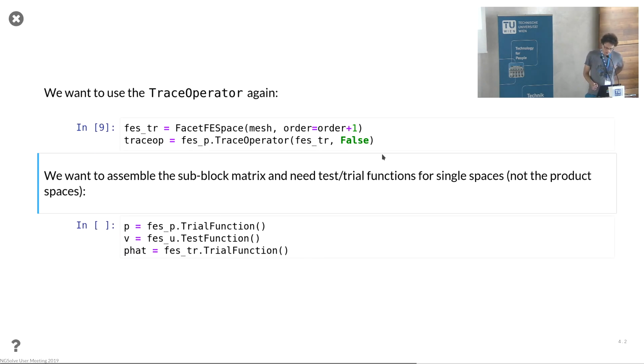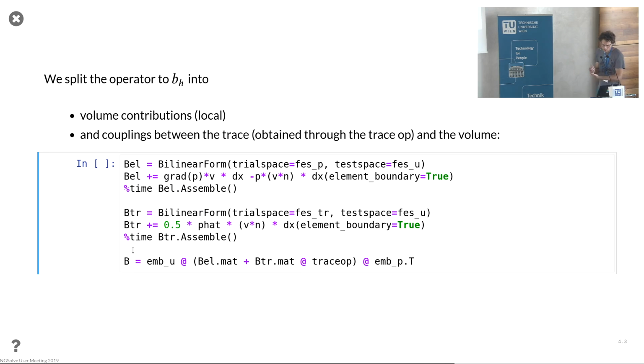Okay, for that we define again the trace operation that we saw before. So we can go quickly through this. Okay, so corresponding basis functions now for the pressure space is this P hat. Okay, and we have P and V. So now the splitting is the same as before.